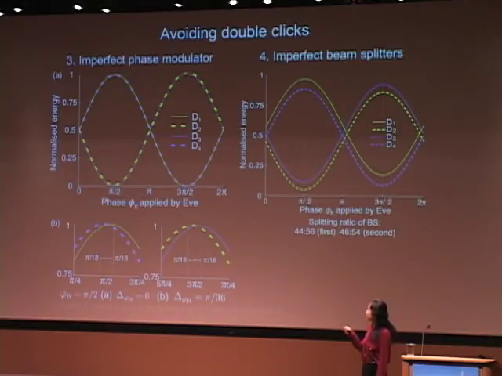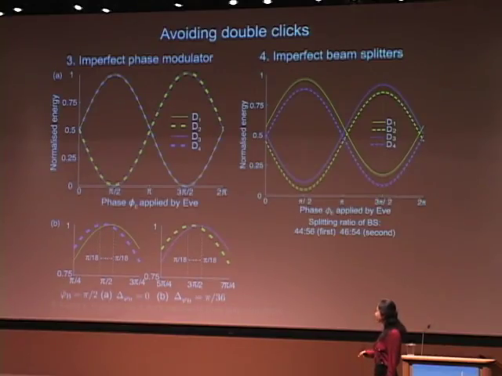As we show in this figure, figure A on the left hand side, this is a perfect case where there's no imperfection. We analyze the energy distribution between different detectors by changing the phase applied by E. We find there are 2 curves that always overlap each other. That's why we will always get a double click. But if the phase modulator is not perfect, we can always have some deviation between the real phase and the ideal phase.